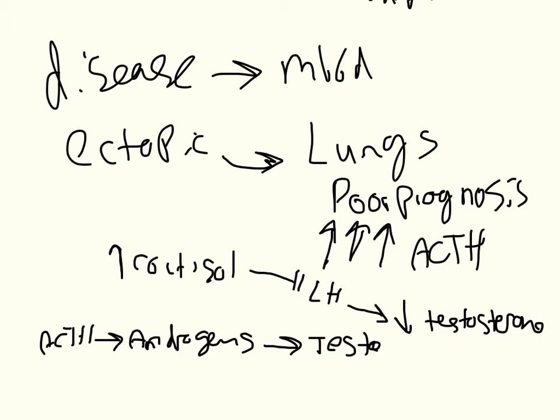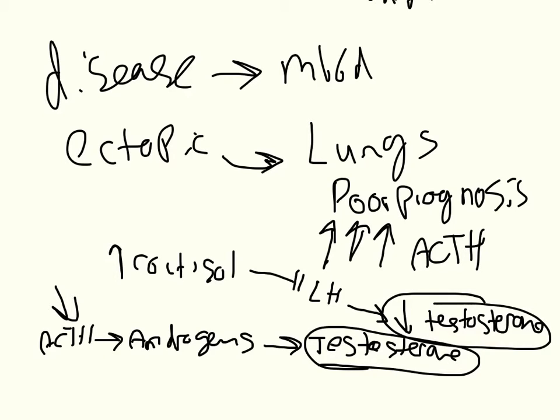So they have increased androgens, increased testosterone, and even though the same thing is going on in men, the amount of increased peripheral testosterone that they get pales in comparison to the amount of testosterone that they lose by not having the LH.